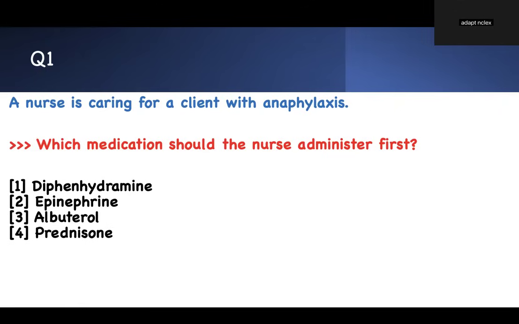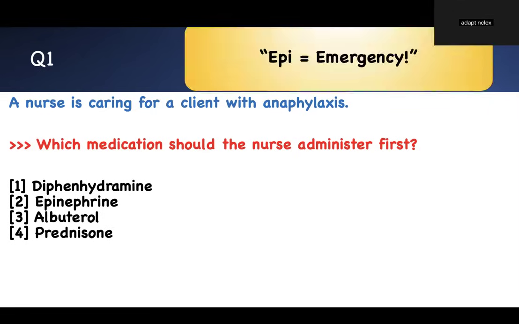Do you give diphenhydramine, epinephrine, albuterol, or prednisone? Think about it. If you have anaphylaxis, what is the underlying problem and which medication do you pick? Stop the video, pick the answer. But what is the mnemonic I will give you to answer the question? This is it. Epi is for emergency.